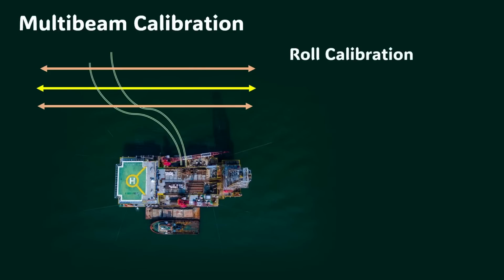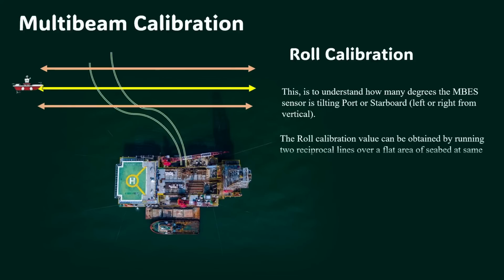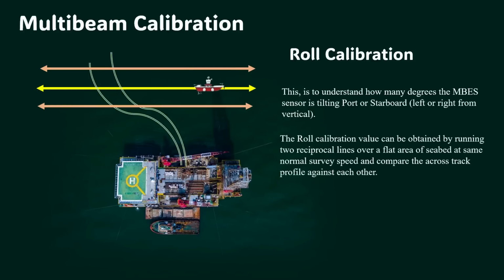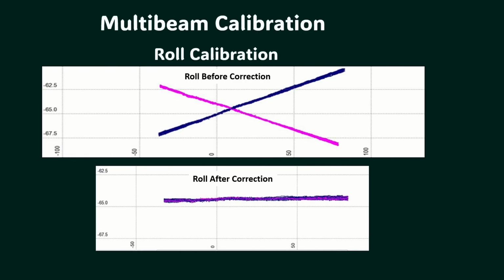Next is roll calibration. This is to understand how many degrees the multibeam sensor is tilting port or starboard, left or right, from the vertical. The roll calibration values can be obtained by running 2 reciprocal lines over a flat area of seabed at the same normal survey speed and comparing the across track profiles against each other. And here is before and after roll data.